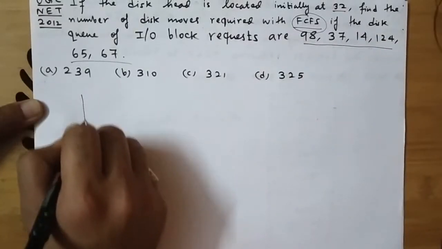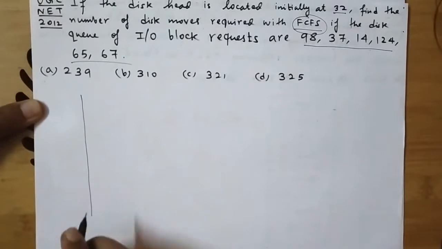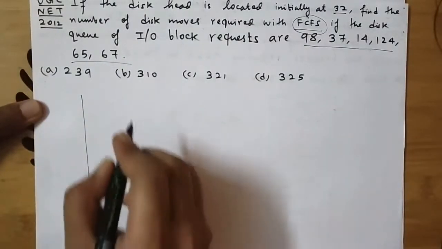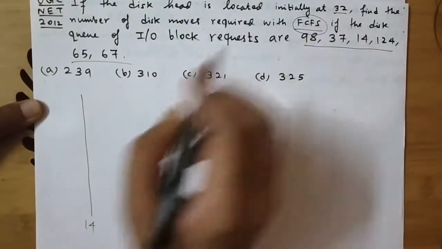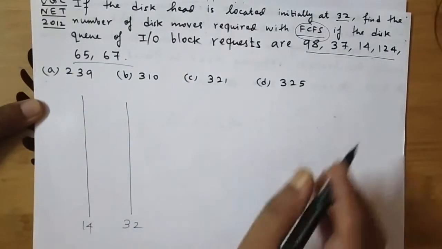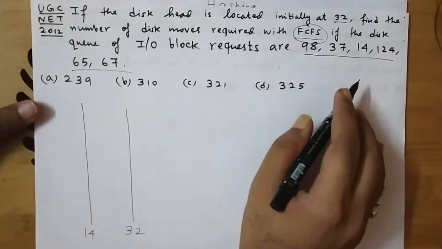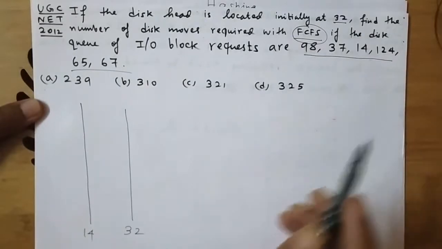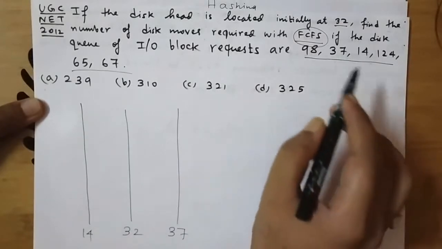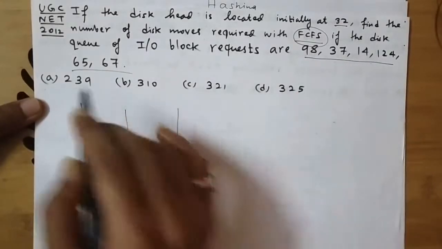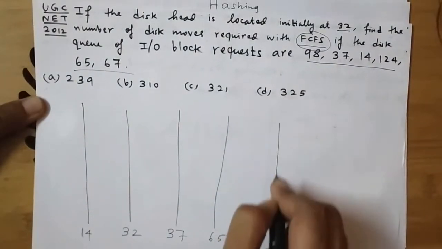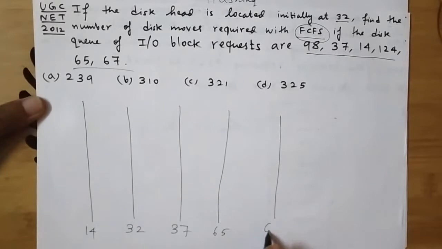Each line will denote a disk position. So this is 14. I'll arrange it in increasing order. Next we have 32. We have to take 32 into account because it is our starting position. Next we have 37. 37 is followed by 65, which is followed by 67.